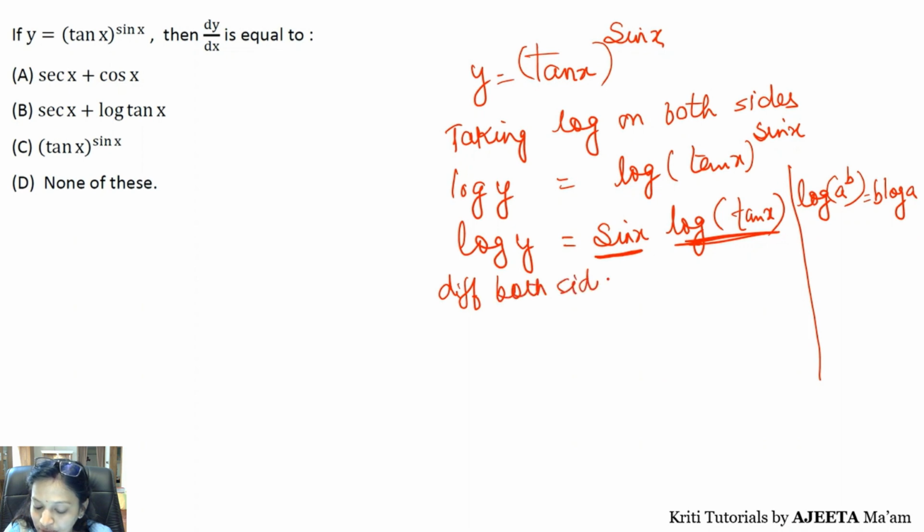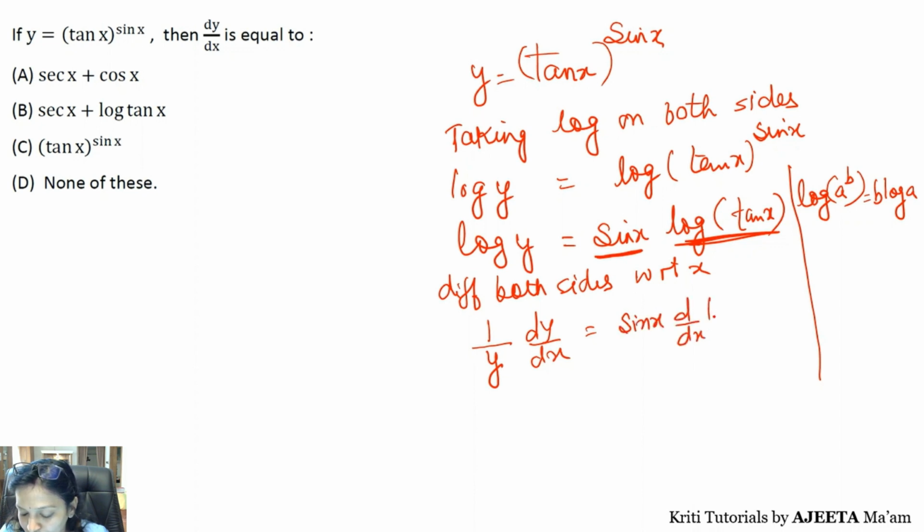So again, implicit function will come. So 1 upon y is the derivative of log y, and along with it what will come? Yes, dy by dx. Now we will apply product rule. Product rule says one function as it is, derivative of the next function, plus second function as it is, and derivative of the first function.